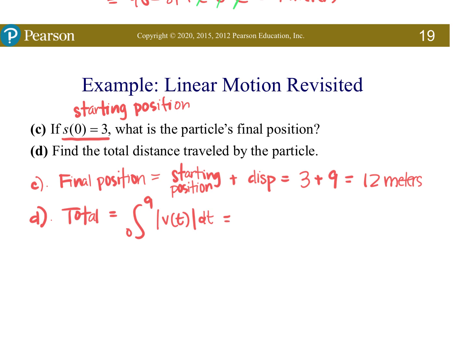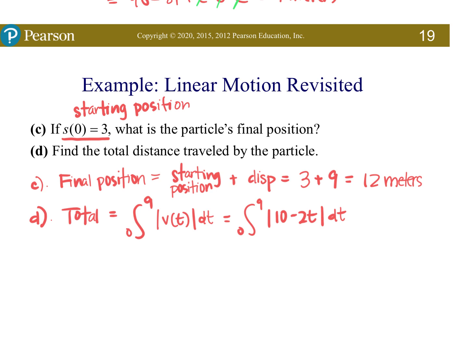So let's assume again, a calculator can do this easy peasy, but let's assume that we are doing it without our calculator. There is no antiderivative for an absolute value, aside from your calculator can do it. We have to approach this from a geometric standpoint in order to do the antiderivative.